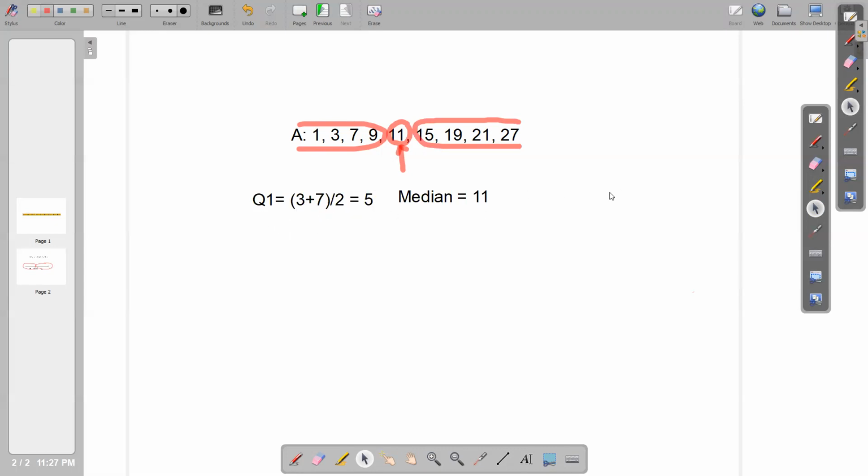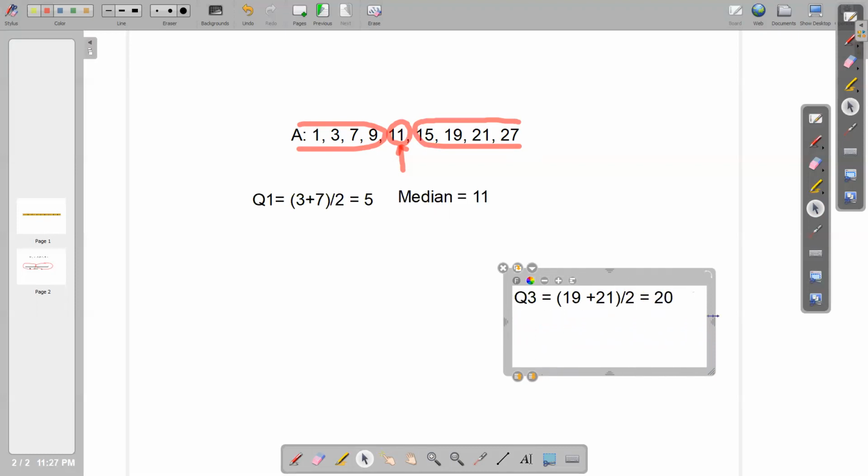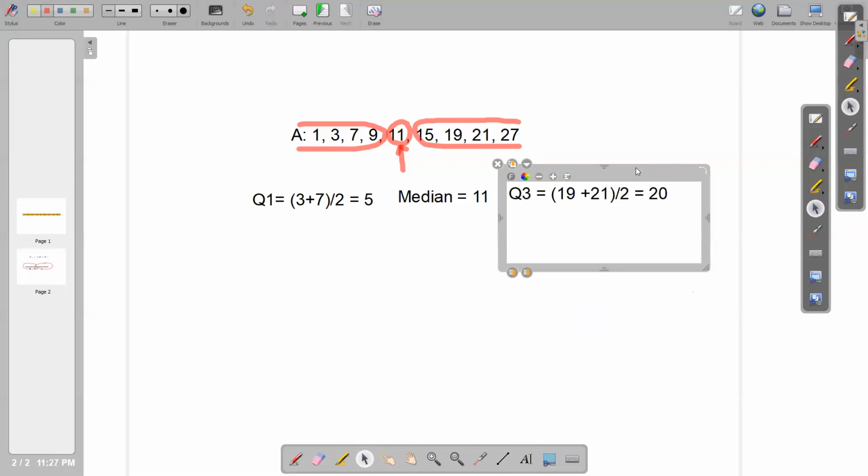And similarly, for the second half of the data, find the median again. That would be between 19 and 21, right? So it will be the average of 19 and 21. So the median of that is 20, that's your Q3, right?